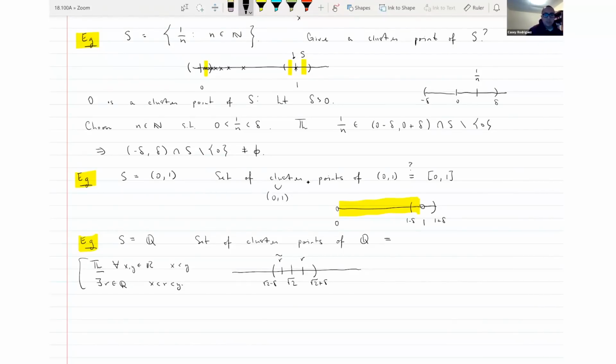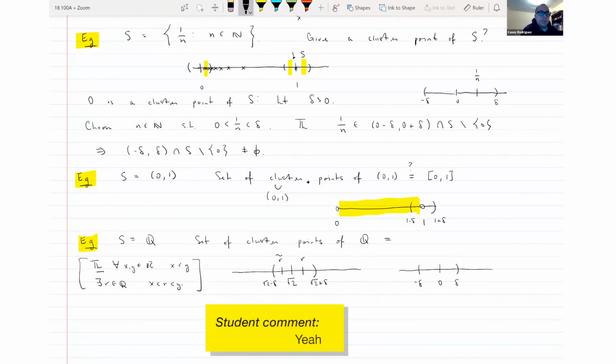What about rational numbers? Are those also cluster points? Let's say I take 0. Now I look at a small interval around 0. Can I find a rational number in there other than 0? I'm not asking you to actually give me one. I'm just saying, does there exist a rational number in this interval other than 0? Yeah.